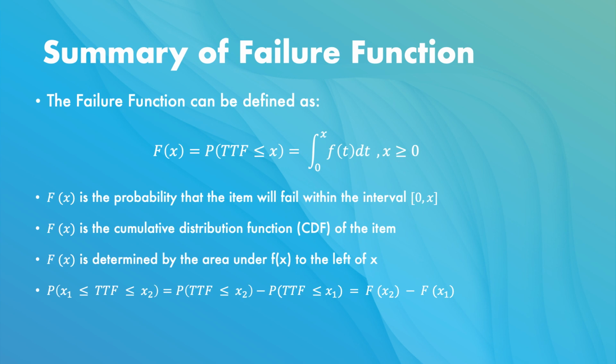Importantly, when we talk about failure function, we talk about cumulative distribution function. It's the same idea, but we just give it the name of failure function in reliability theory. If we're curious about the time to failure belonging to an interval, we have to subtract the probabilities at the boundaries, which is the same as subtracting the failure functions at the boundaries.